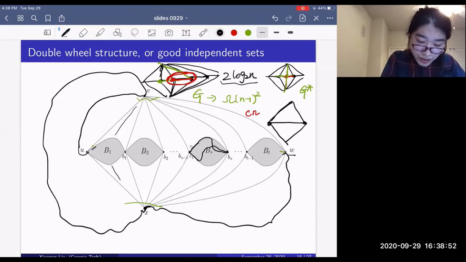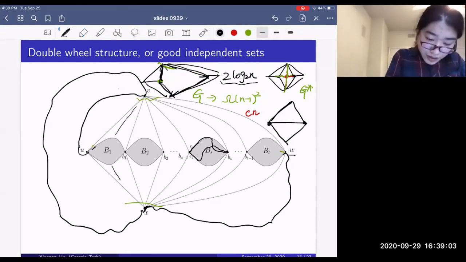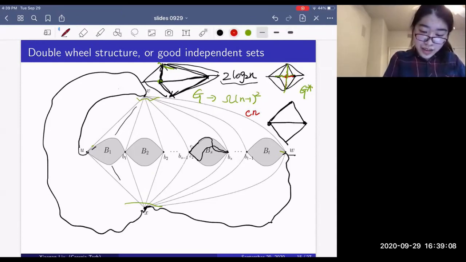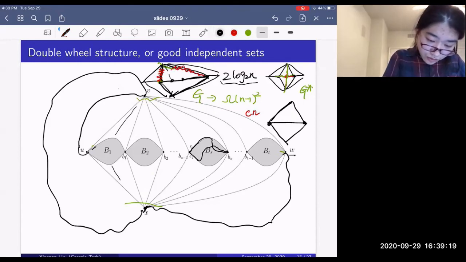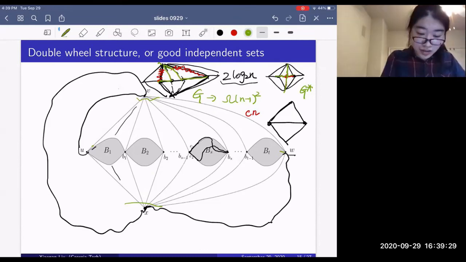If we delete these two vertices here, and we add one edge here, and if we can show there are linearly many Hamiltonian cycles passing through these two edges, then because this is our previous graph, we can use this to modify it to get a new Hamiltonian cycle.